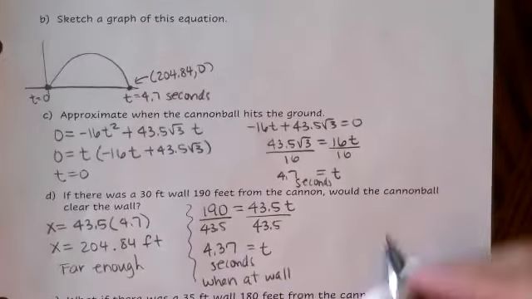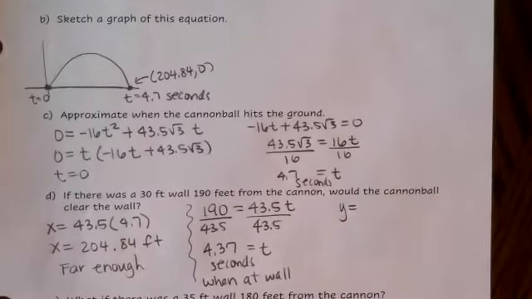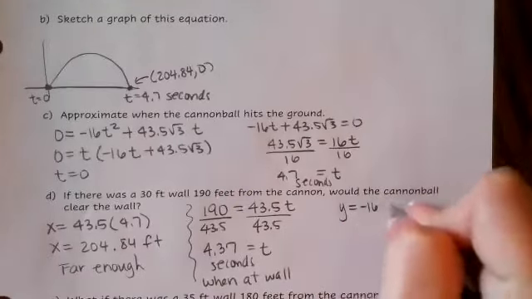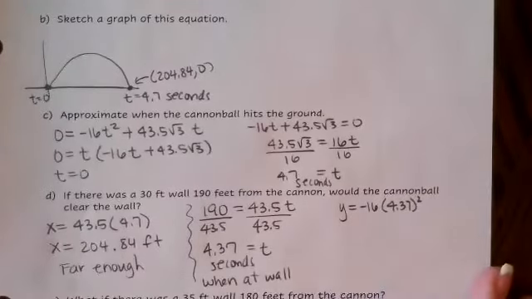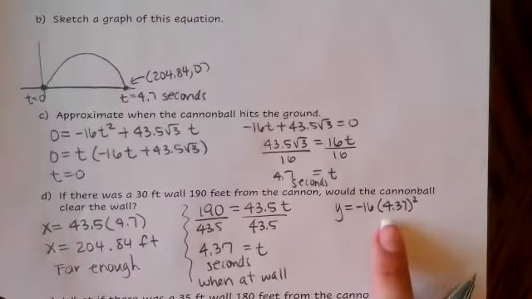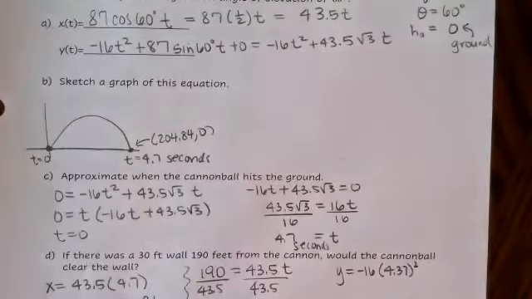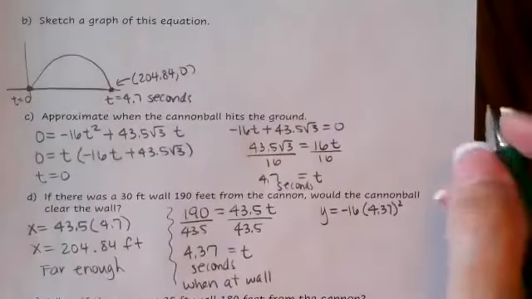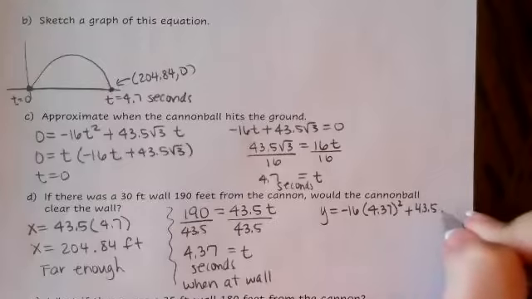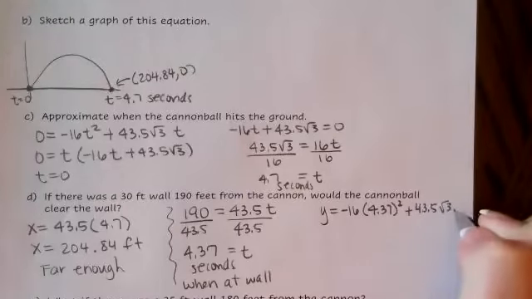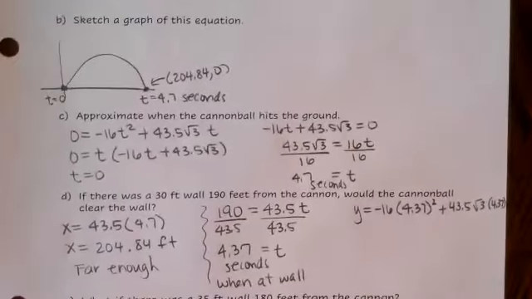So we can use that to figure out how high it is now by using our vertical component. So y is equal to negative 16 times 4.37 squared plus 43.5 root 3 times 4.37. All I'm doing is plugging that time into this vertical component right here. Kind of ran out of space there.